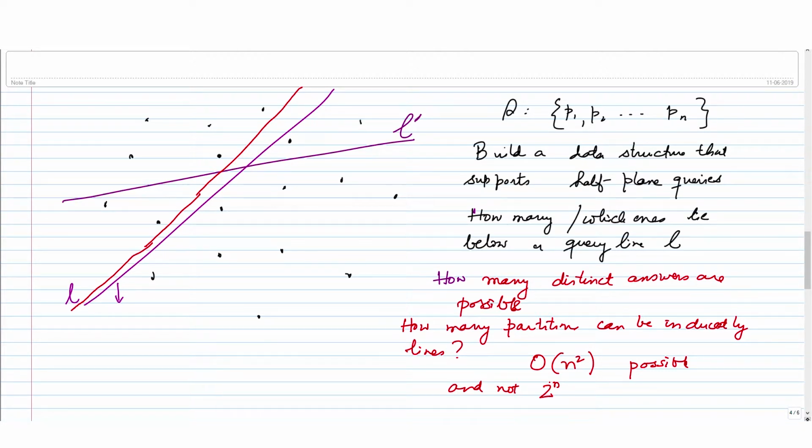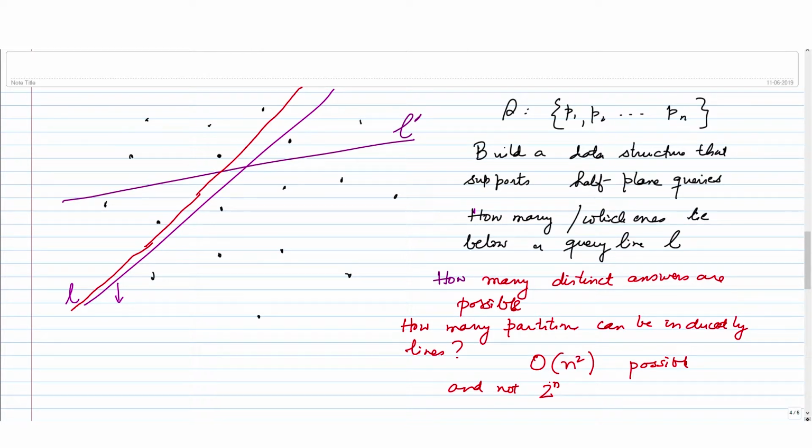So, if it were just arbitrary points in sets, then I could have partitioned it in any way I wanted. Okay. But here the problem is that if I want to just have these 3 points in one partition, and the rest of the points in another partition, then the line has to bend. So you can't keep it linear and do it.